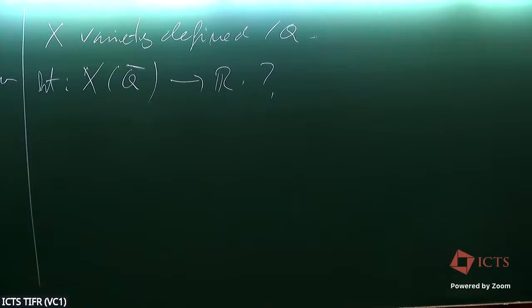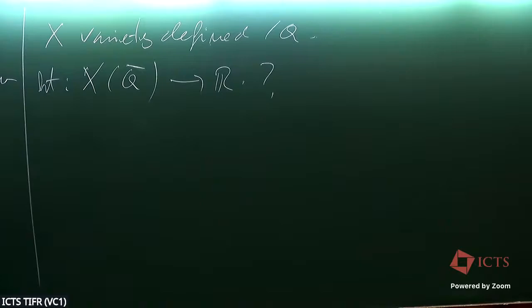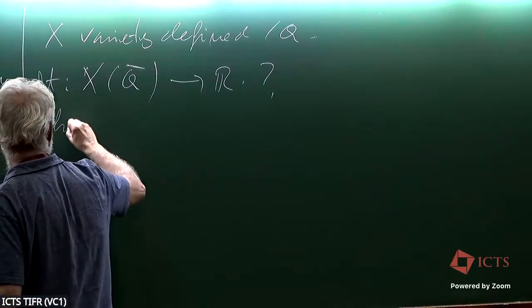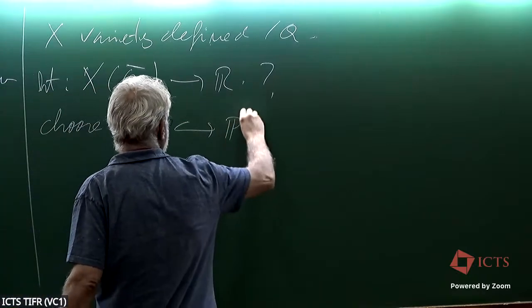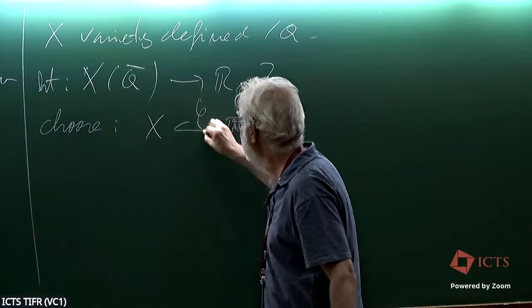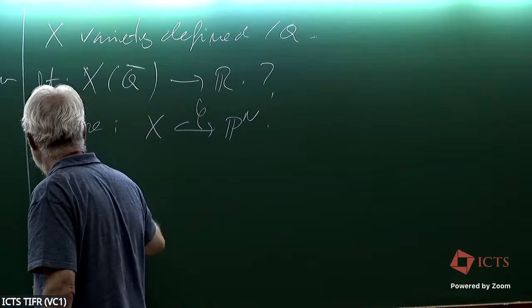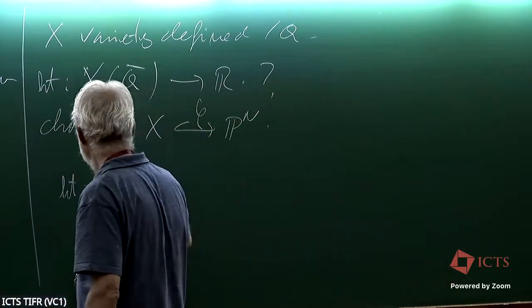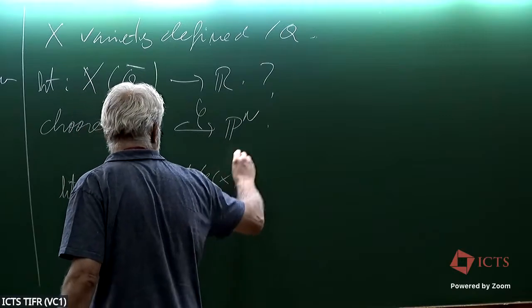Now, since I know how to define heights of points in projective spaces, what I can do is to choose an embedding phi of X inside Pn for a very big n. And now you can define the height with respect to this embedding phi of a point P of X just as the Weil height of the point phi(P).